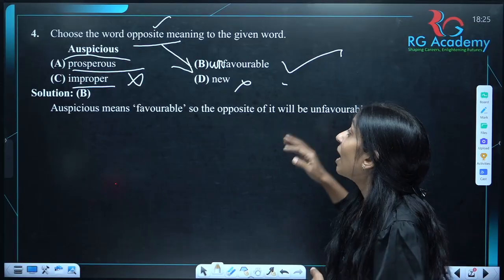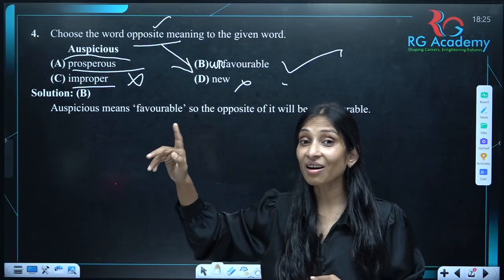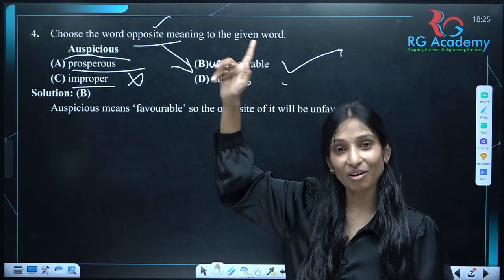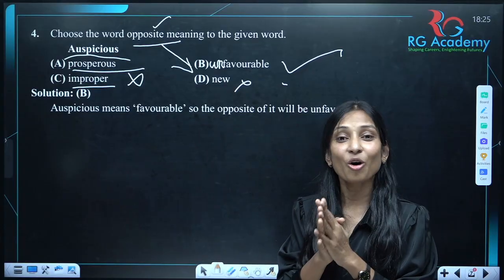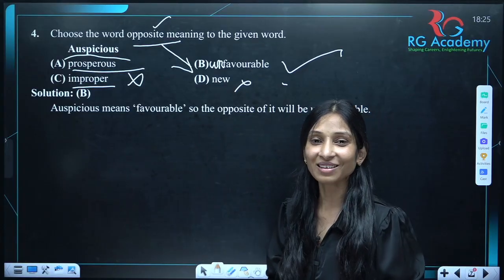Okay, so unfavorable, because we have been asked the opposite of auspicious, and the word auspicious means right time or appropriate time of doing a particular thing, right?